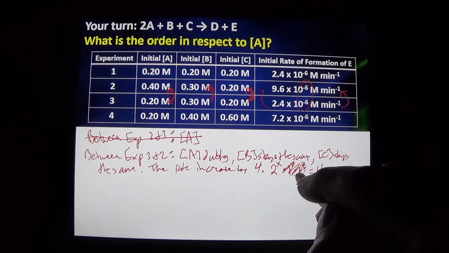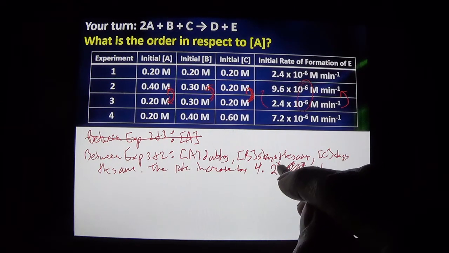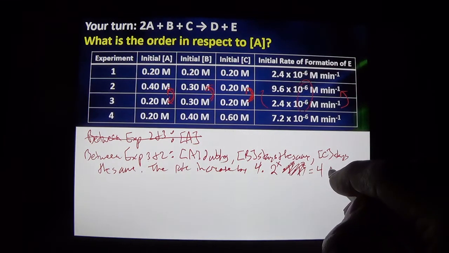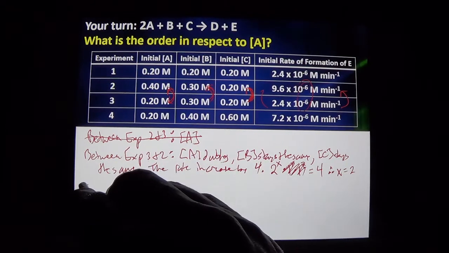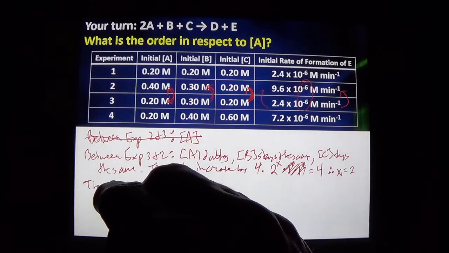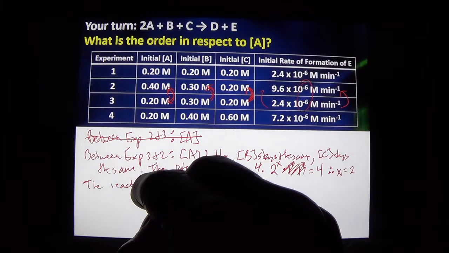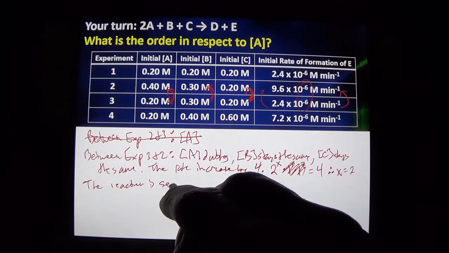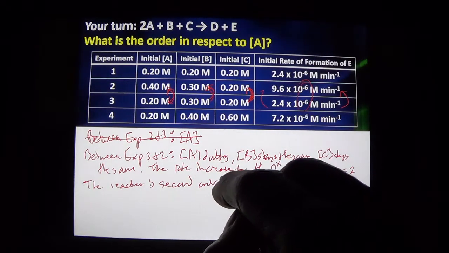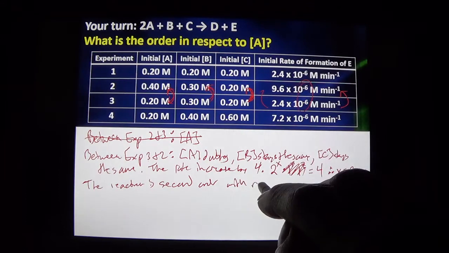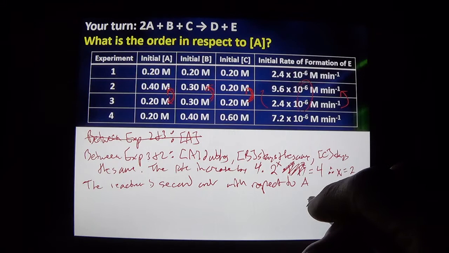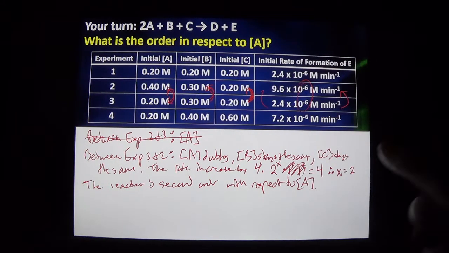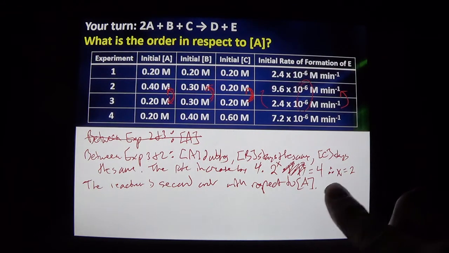I'm just showing you how to focus on what's important. What's important is here. Therefore, x equals 2. The reaction is second order with respect to A. And you could say concentration of A there. Same thing.